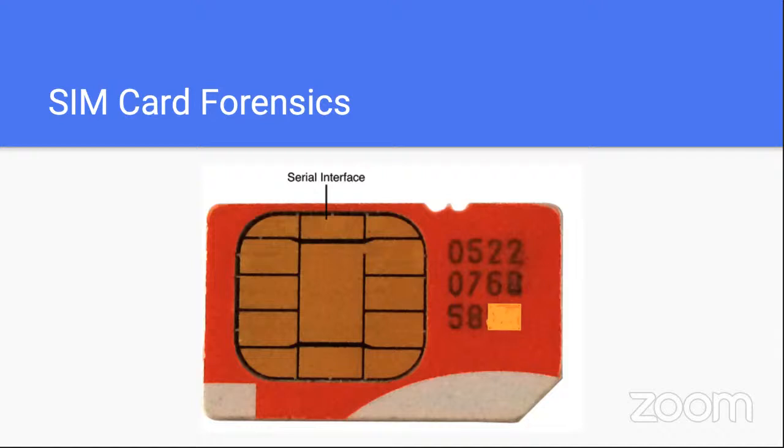The OS, user authentication, and encryption algorithms are in that ROM. The three primary areas of a SIM card file system are the master file, which is the root directory, the dedicated files, and elementary files, where data is stored. Elementary files is where subscriber information is stored.